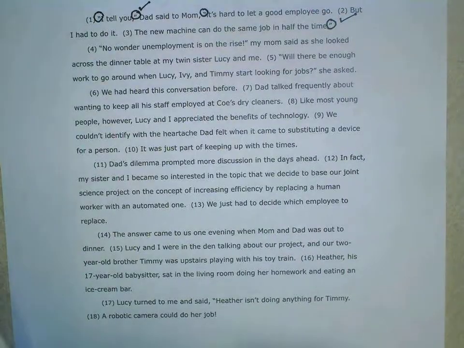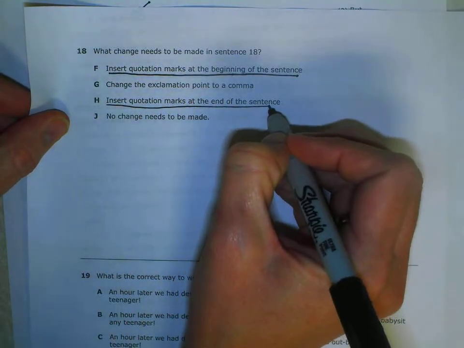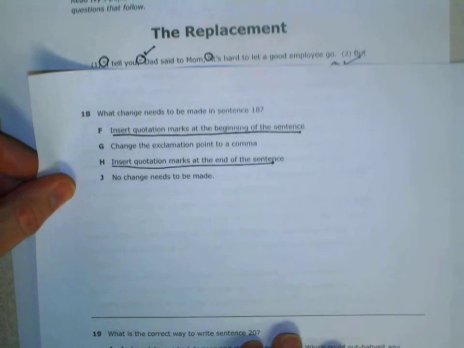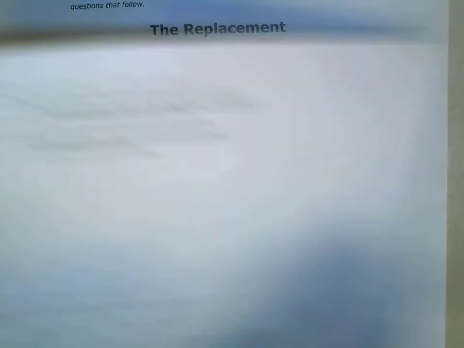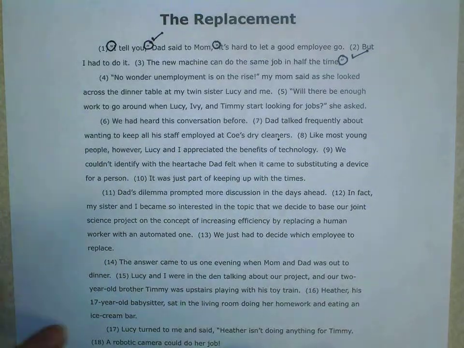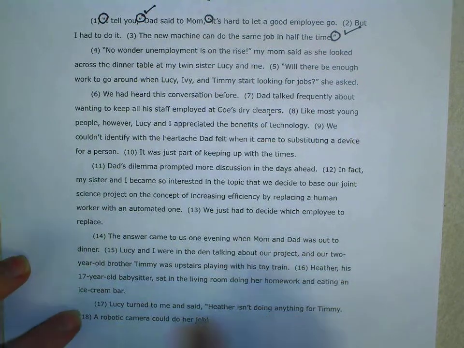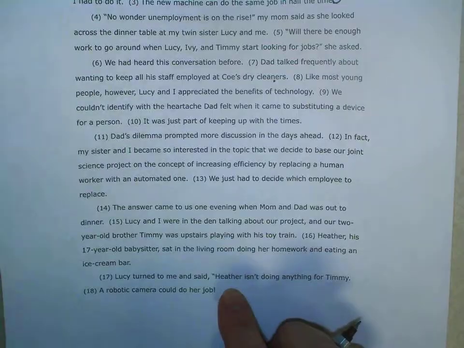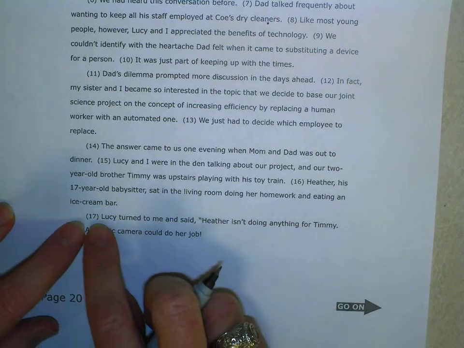And also it says insert quotation marks at the end of the sentence. So I need to look at this and see what's happening here. Sentence 18. Okay. There's no quotation marks anywhere in this sentence. But I have to look at the sentences around it. So let's look at sentence 17.